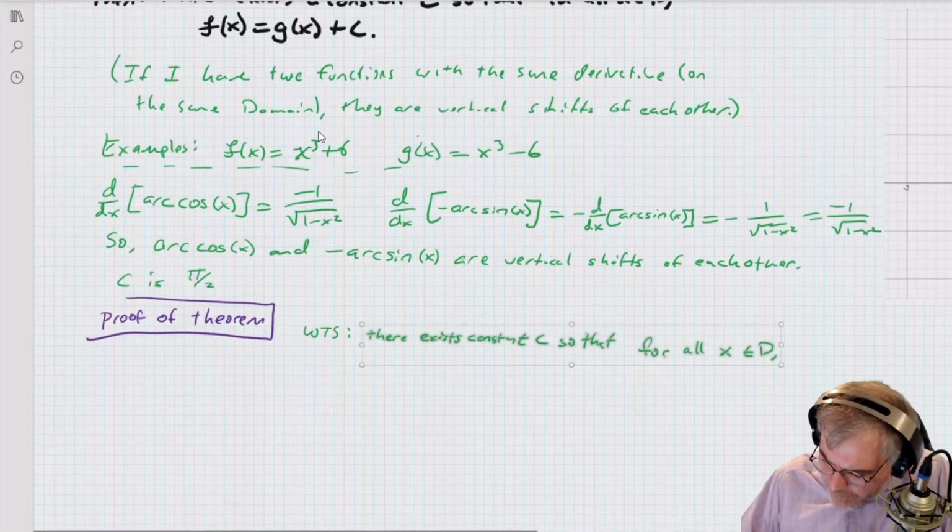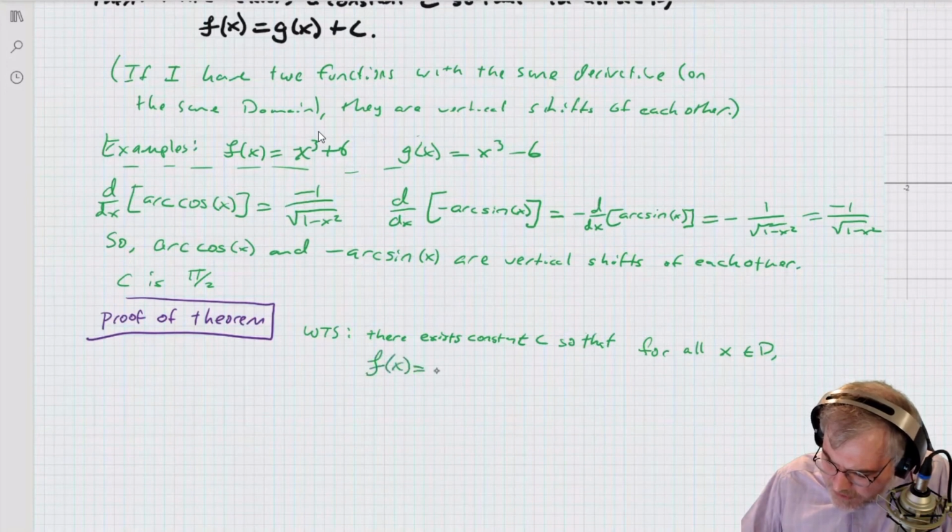So I want to show that there exists some constant c so that for all x in D, f of x equals g of x plus c.